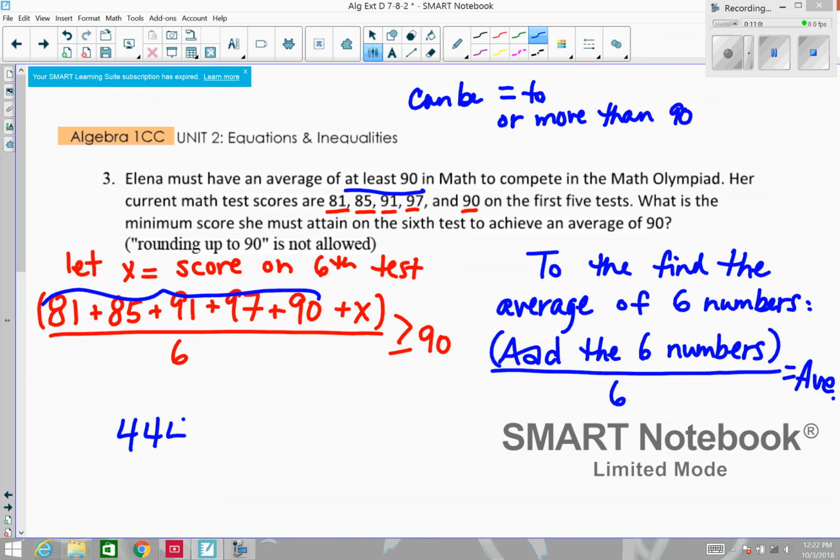So in the numerator, we have 444 plus my x over 6 has to be greater than or equal to 90. Now I have one of those fractional equations, and the way that we solve those, remember we want to multiply every term by our common denominator, or our least common multiple of the denominator. In this case, it's going to be 6, so I'm going to multiply each term by 6.